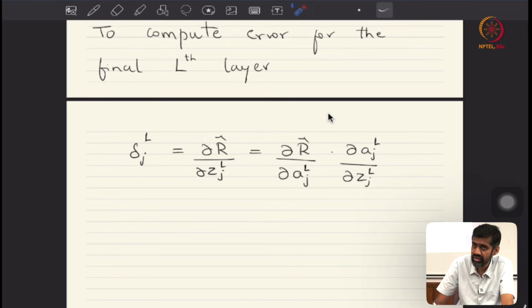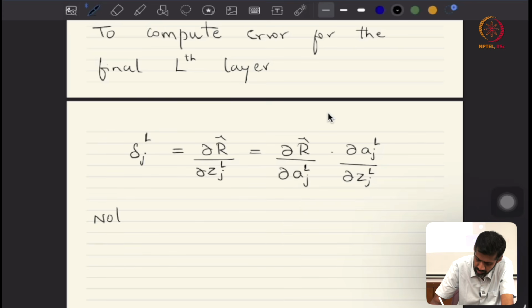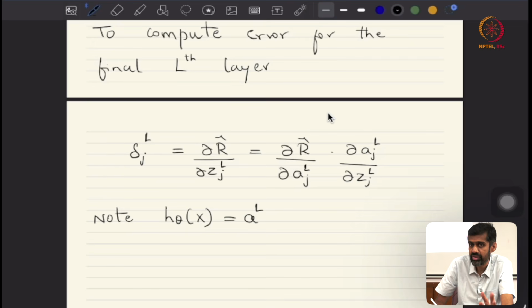The dependence of R cap on ZJL can be written through A as well. And please note that A capital L is the output of the neural network. H theta of x is equal to AL. You see that? Let me just write that. By definition, correct?